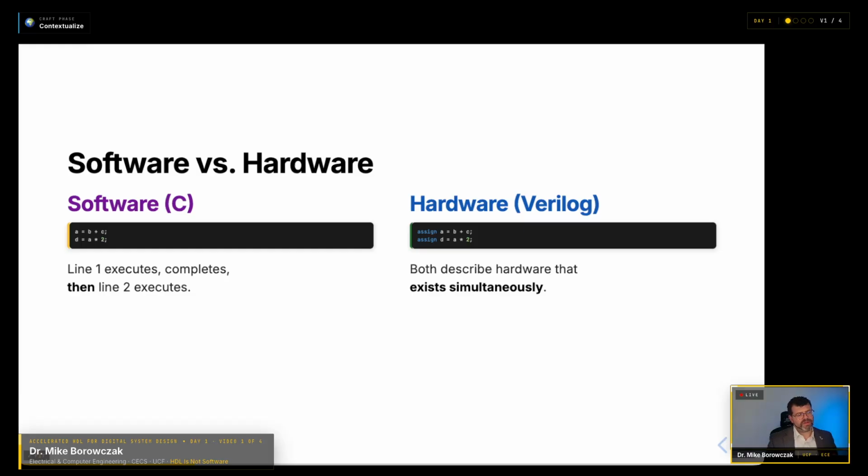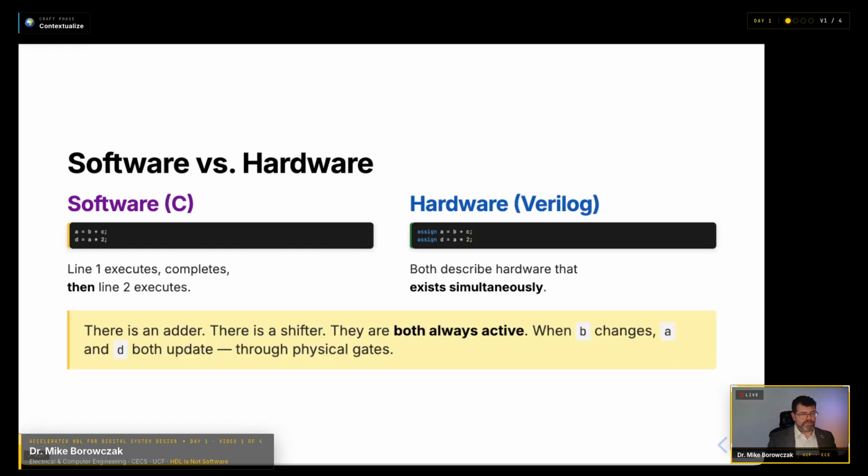That's very different. In hardware, both of these things, the A being B plus C and D being A times 2, they both describe hardware that exists and functions at the exact same time. So on the hardware side, there's basically an adder that works, right?